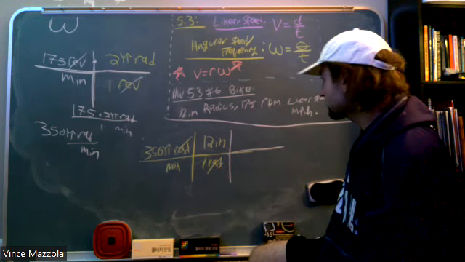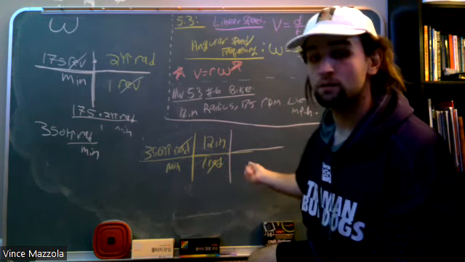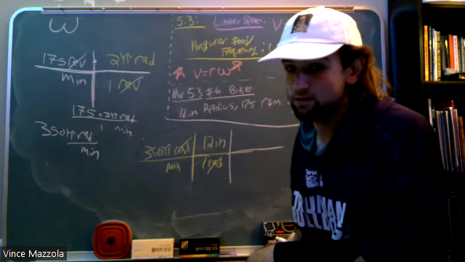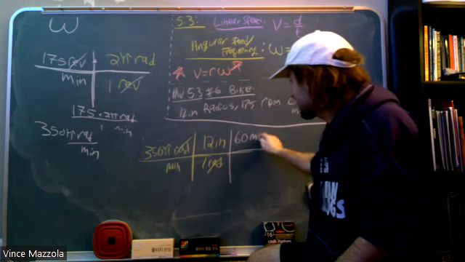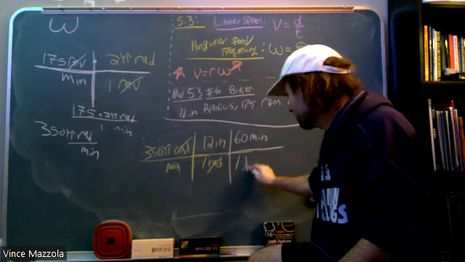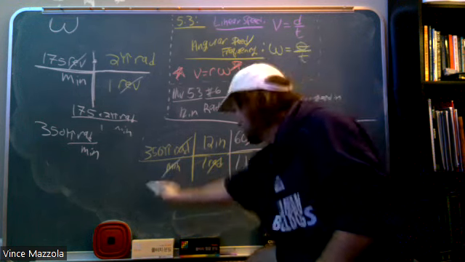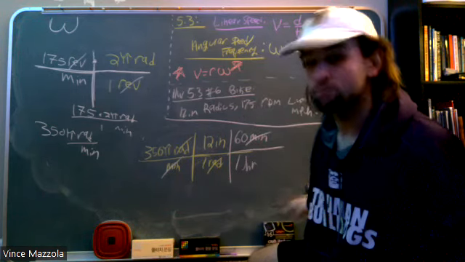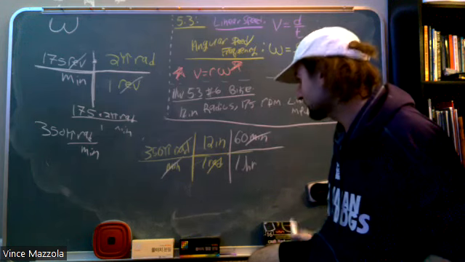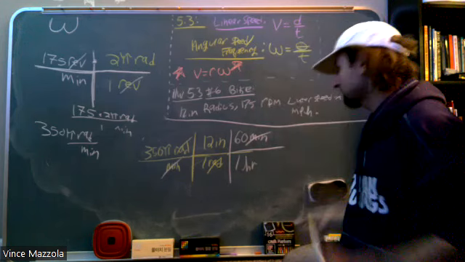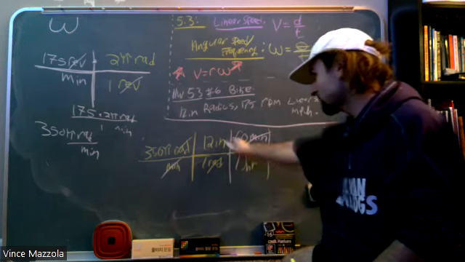We need to get hours on the bottom. So here, we probably just want to do the minutes right now, just to get that out of the way. So last time I checked, there's 60 minutes in 1 hour. So now we have hours on the bottom. And that's exactly what we want, because the word per means divide. So that's just miles over hours. So yeah, perfect. Now we got inches per hour.